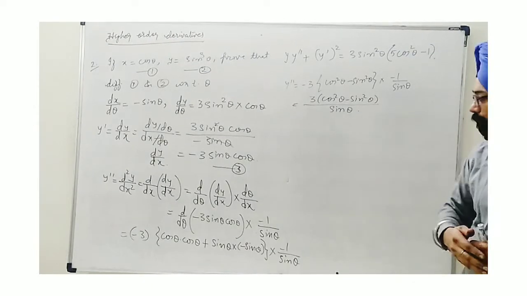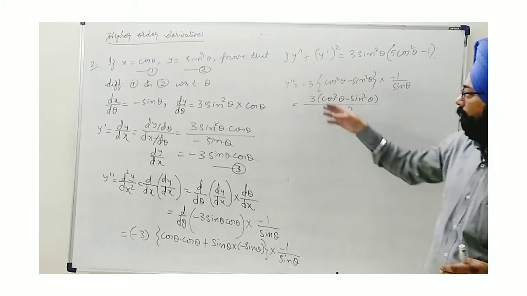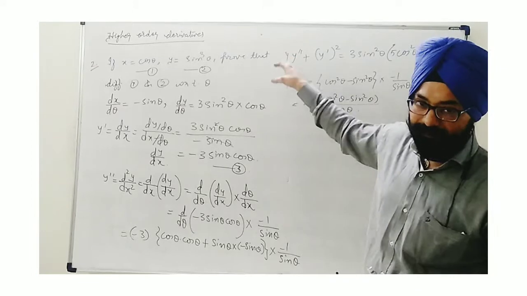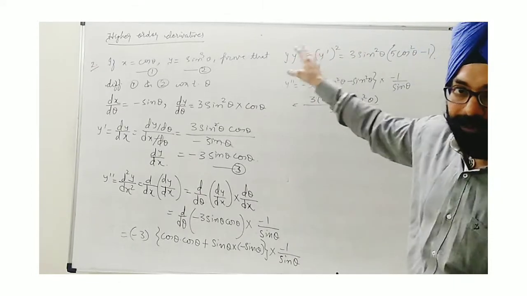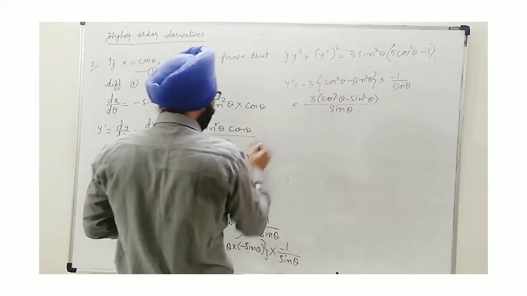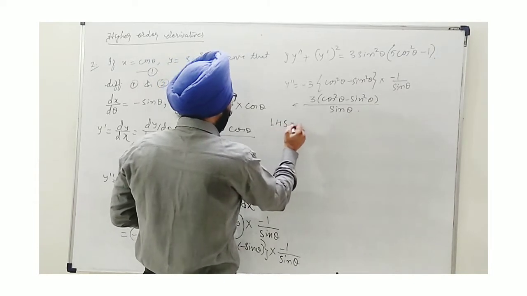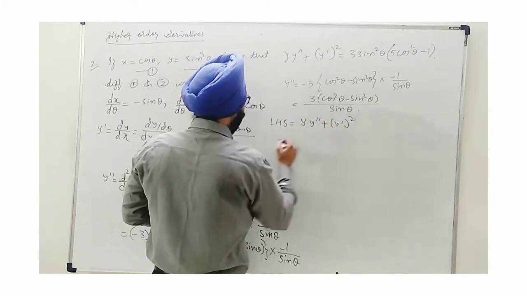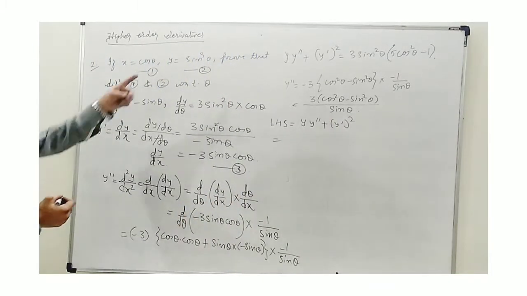Okay, if convenient. By the way, here we got the value of y double dash. Everything we have got by differentiation. Now we will put the value in LHS to simplify. Nothing special. I see LHS is y y double dash plus y dash whole square. We do y, its value is sin cube theta.